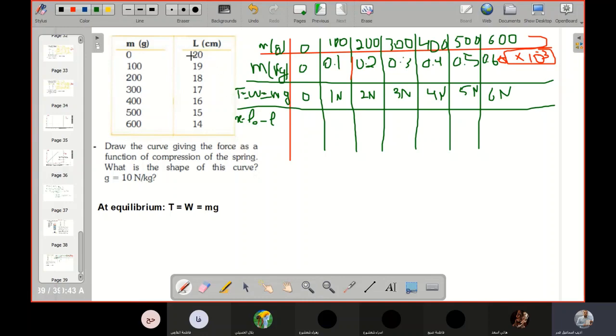So this is L0 and these are L1, L2, L3, L4 etc. For the second one, at 100 grams, it is 20 minus 19, so x equal L0 minus L1 equal 20 minus 19 equal 1 centimeter.